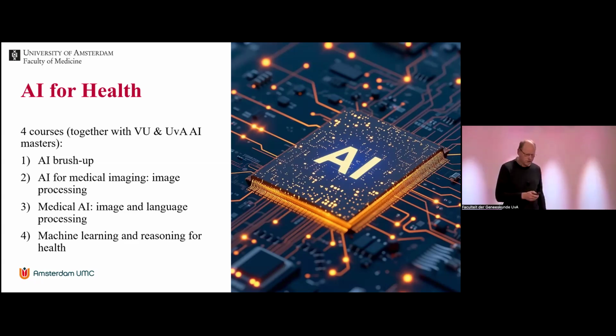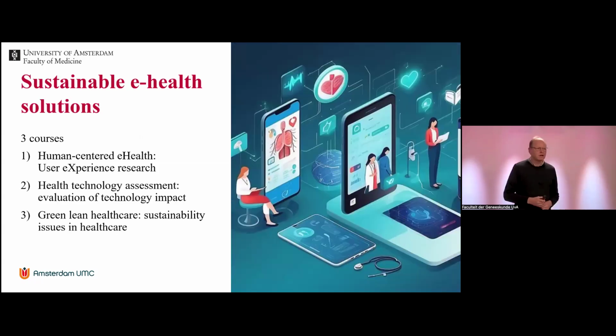Okay, thanks. That's our first track, and then the second elective track is Sustainable eHealth Solutions. So these are 3 courses about eHealth, and we look at eHealth from 2 viewpoints. We look at usability or user experience research, where we can really study how users use software.